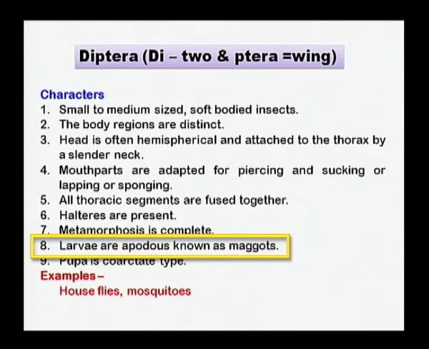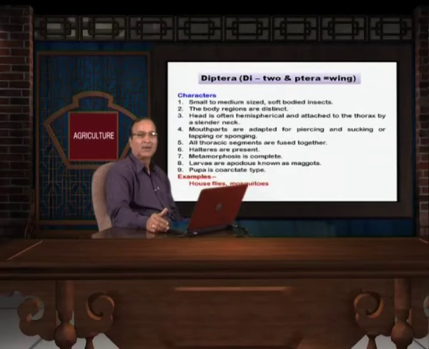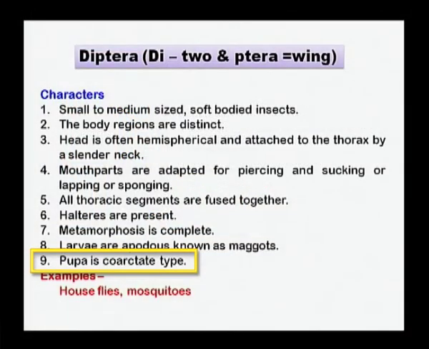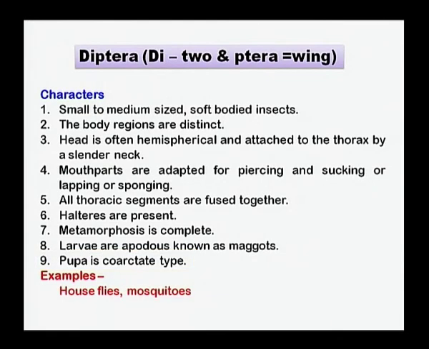So, dipteran larvae are known as maggots, where no legs are present, or they are legless creatures. This is with regard to the larval stage only, not the adult stage. Pupa is coarctate type, and the best examples which come under this order are house flies and mosquitoes.